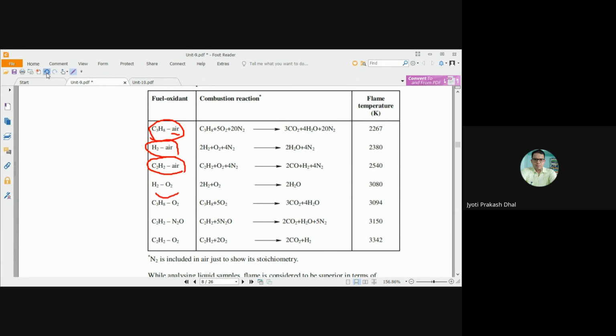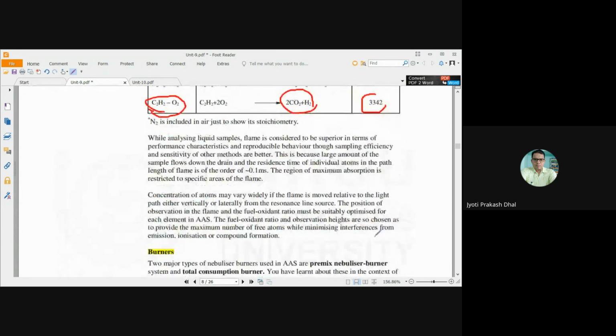Then you can see the corresponding reaction that takes place between the fuel and oxidant. Here propane undergoes oxidation in the presence of nitrogen gas to form carbon dioxide and water, and the corresponding flame temperature is 2267 Kelvin. You can see the highest flame temperature is obtained in the case of acetylene fuel with oxygen oxidant, and the reaction is C2H2 plus 2O2, which gives rise to 2CO2 plus H2, and here you get 3342 Kelvin.